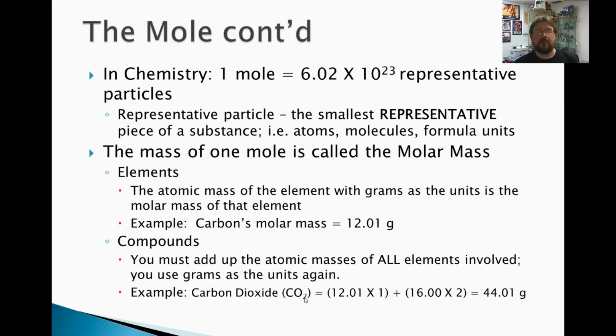Because there's 2 oxygens, so we have to get the total mass of all those oxygens. 12.01 times 1 is 12.01, plus 16.00 times 2 is 32.00. Add it together, and it's 44.01 grams. So 44.01 grams would be the mass of 1 mole of carbon dioxide.